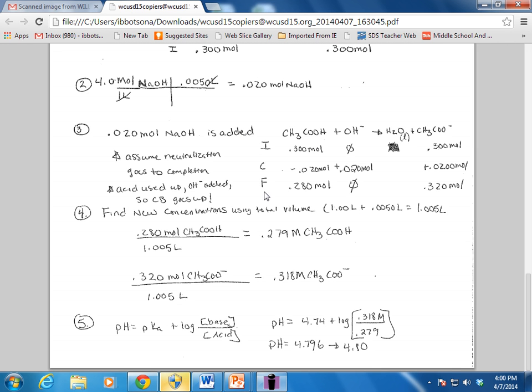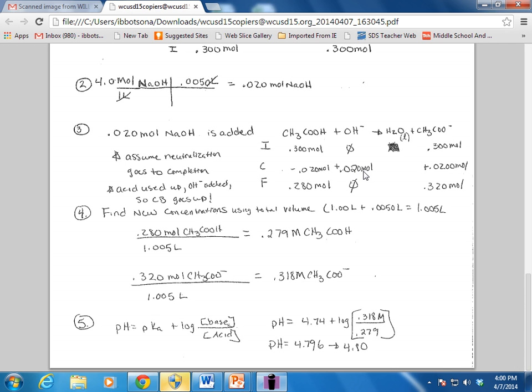I set up an ICF chart: initial, change, and final. So hydroxide ion, I didn't have any at the beginning, but I had some weak acid and I had the conjugate base. When I add the 0.020 moles of NaOH into the solution, that's going to use up some of the acid, because acid neutralizes base to make water and the conjugate base. Well, if I am adding the base here, that's going to make the conjugate base go up.